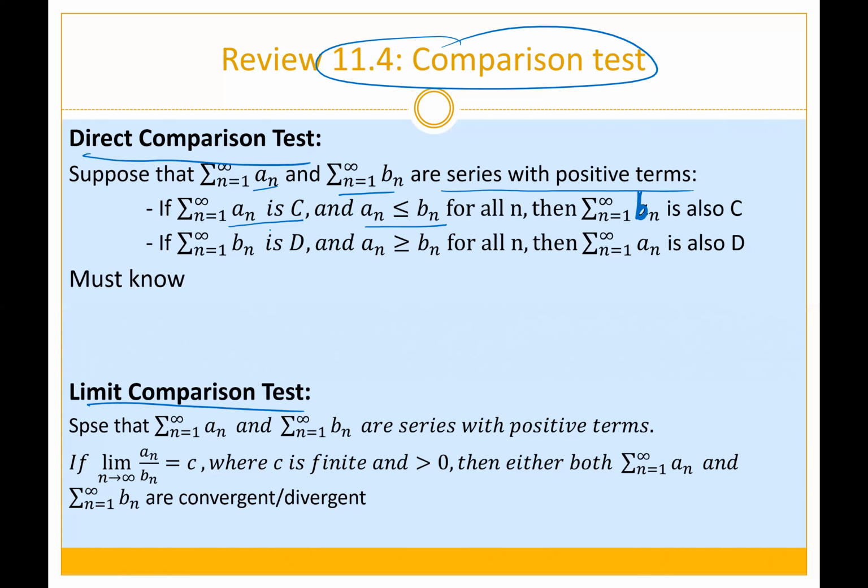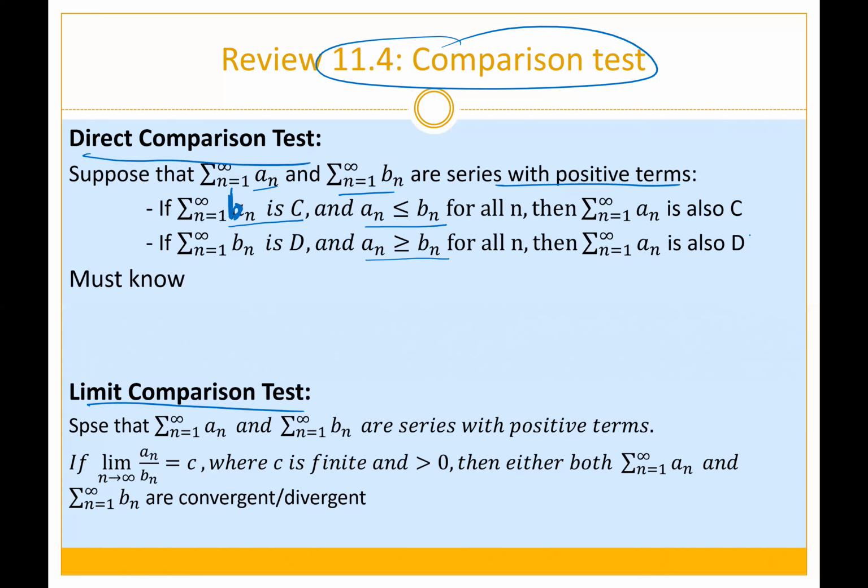I think I wrote the wrong thing here. It should be bn here. Yep. If the bigger series, bn, is convergent, then the smaller one, an, is also convergent. And if bn is divergent, and an is bigger than bn, then an is also divergent.